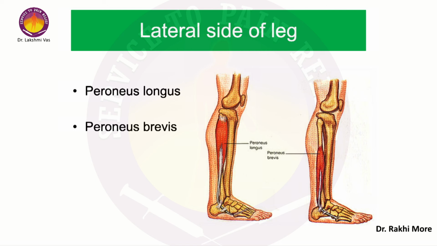And soleus and gastrocnemius of course are very, very important for the pains, because invariably they are involved in radicular pains. But what you have to understand is these are plantar flexors, the soleus and the gastrocnemius.